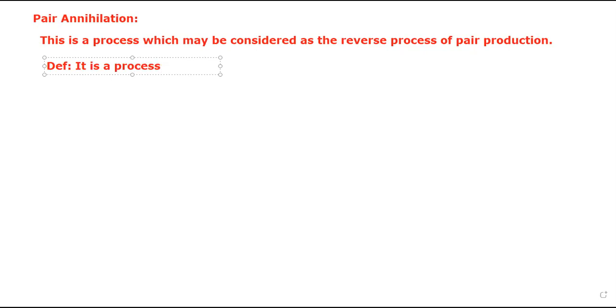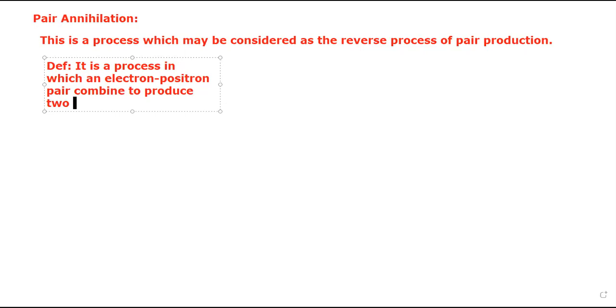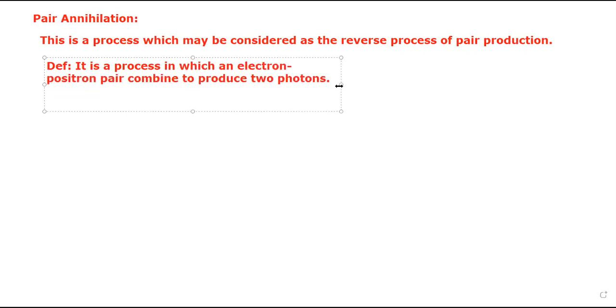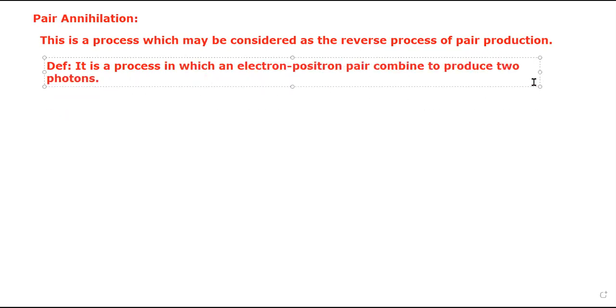It is a process in which an electron-positron pair combine to produce two photons. So it is producing two photons instead of one photon.